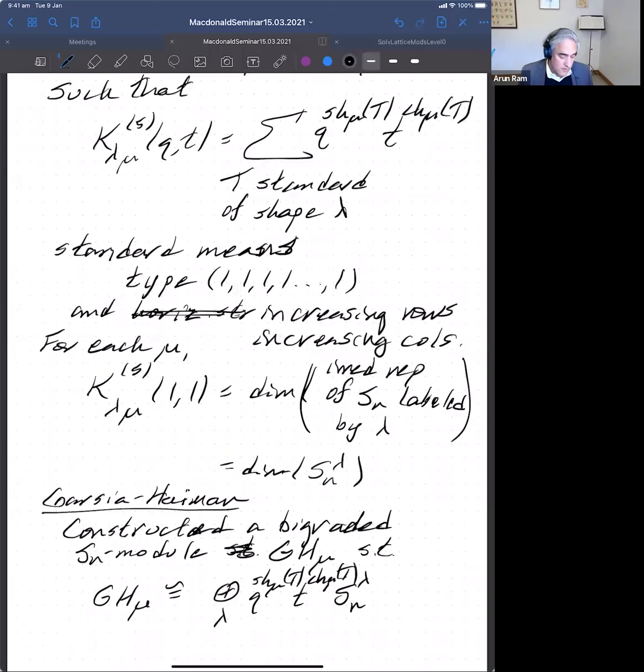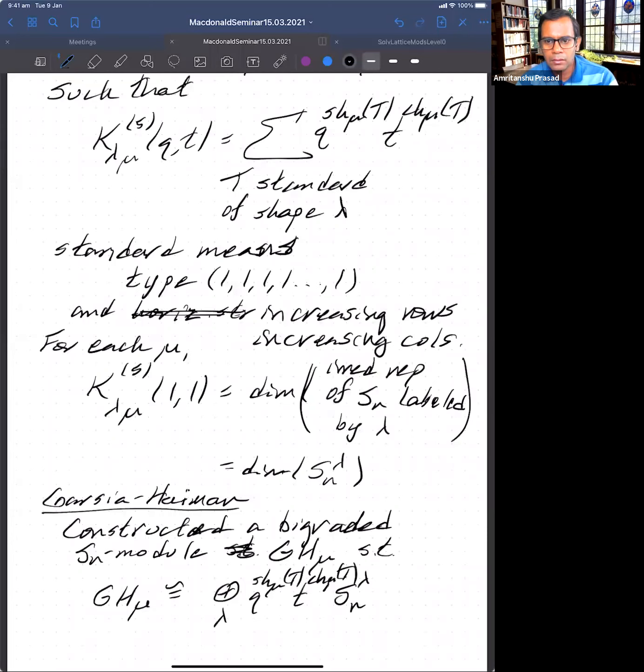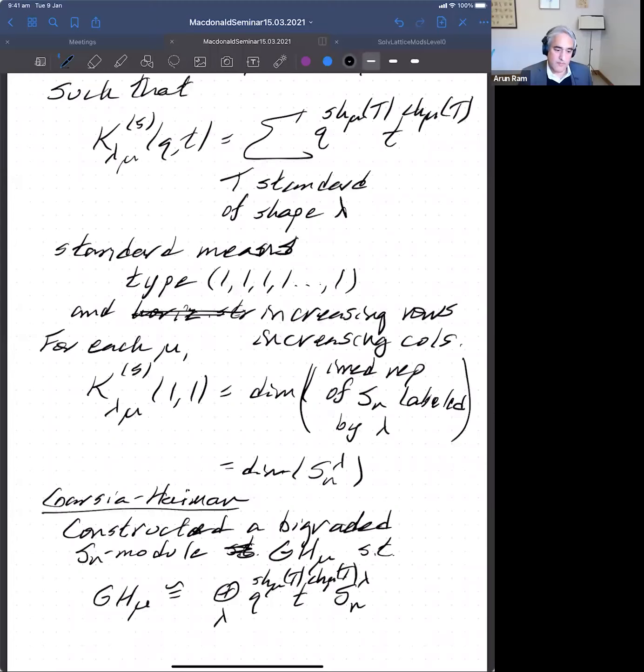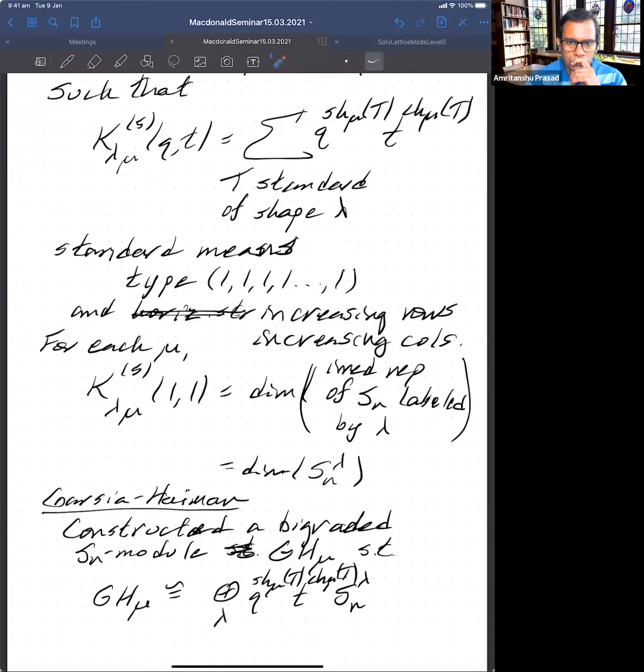So in other words, they don't know how to compute shift and charge, but they know that when you do compute them, they will be the degrees in which the irreducibles appear in this Garsia-Haiman module. But that came just 1 or 2 years after Macdonald's original positivity conjecture.